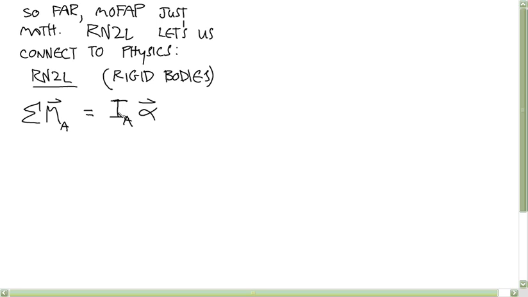But in general, in 3 dimensions, that's actually a 3x3 matrix. And we're not done yet. If you think of the analog, Newton's second law, you just write this stuff down. It's simple and compact, and that's all there is to it.